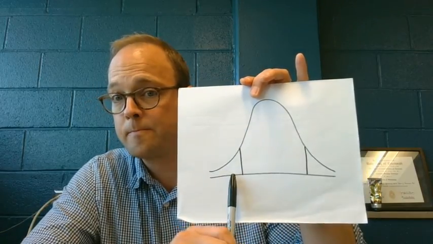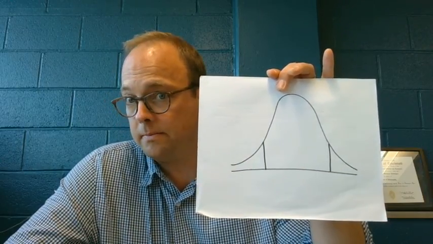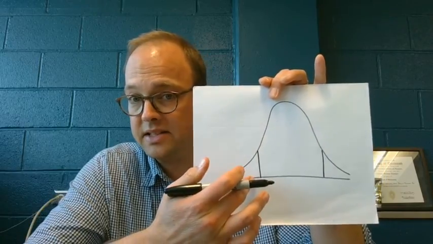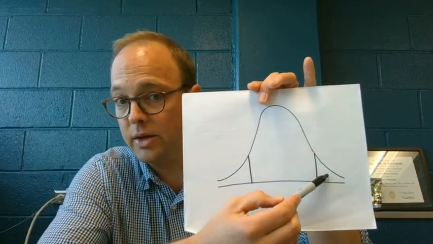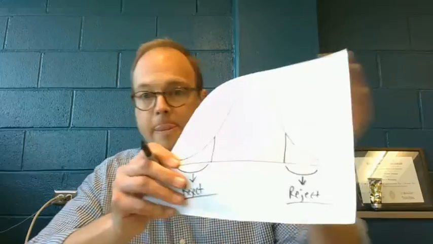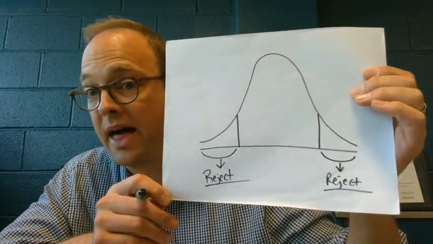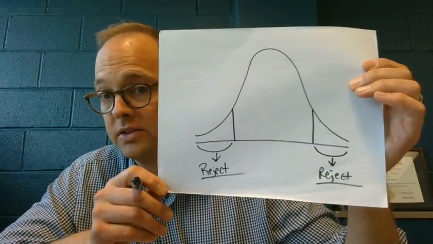Okay? It might be easiest to think of these tails as being the rejection region, and the reason is that when your data generated t-value falls in those regions, you would reject the null hypothesis of equality or the null hypothesis of no difference.